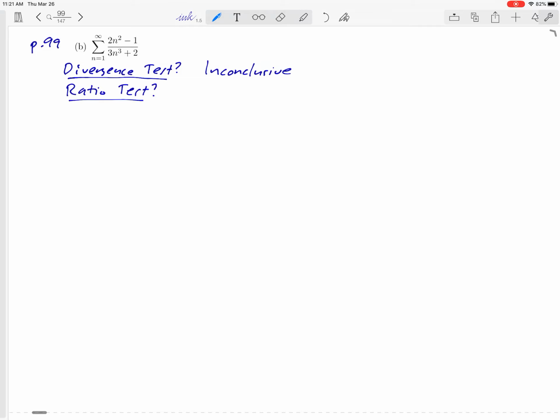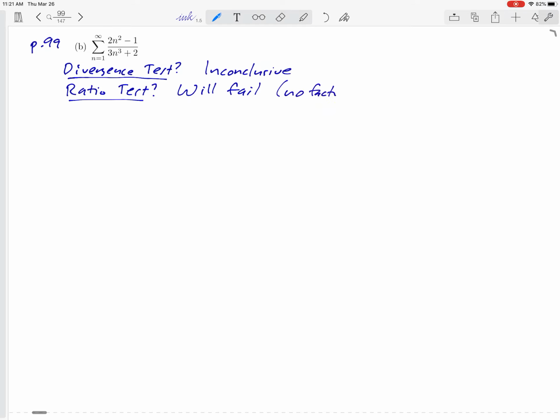So we could move on down our list of tests and ask, might the ratio test work for us? Remember, we need one of two things for the ratio test to work: either a factorial, and do you see any factorials in our expression? Doesn't look like it. Or constants raised to the nth power, and we don't have any of those either.